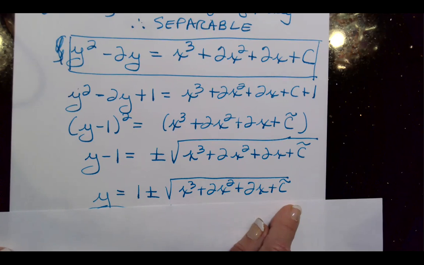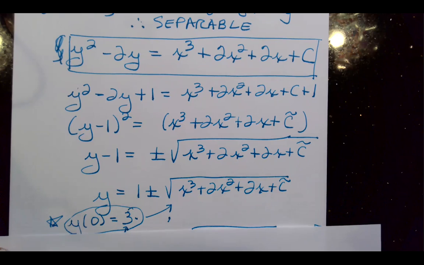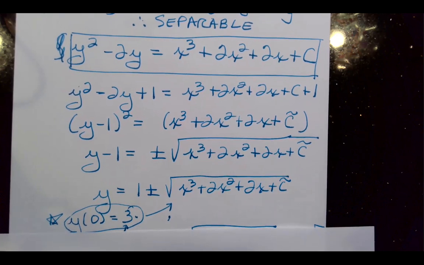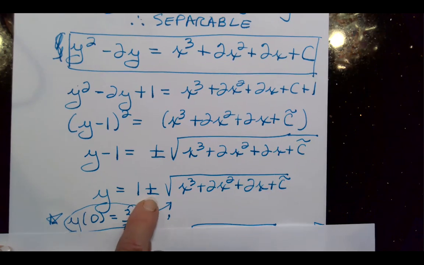You need to be given some kind of condition, often an initial condition at x equals 0. Suppose they give us the condition that y of 0 is plus 3. Let's think about this carefully for a minute. If y of 0 is plus 3, I have a plus or minus and need to know which one I'm going to be using.